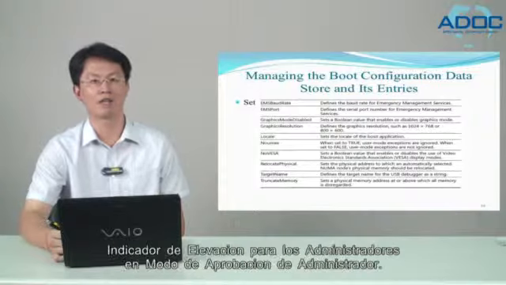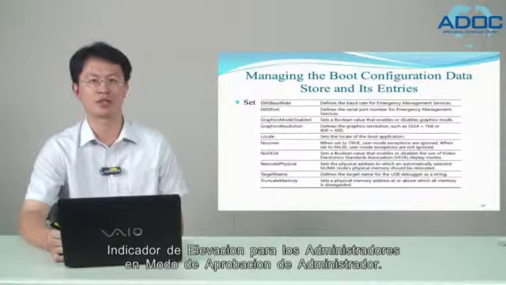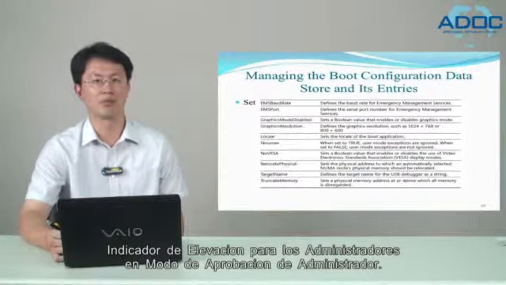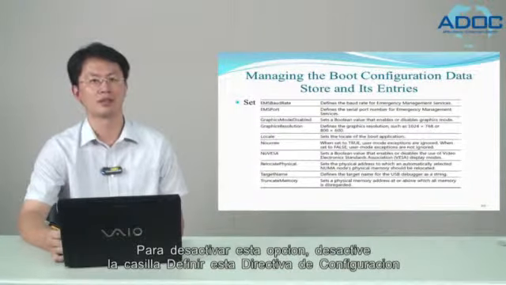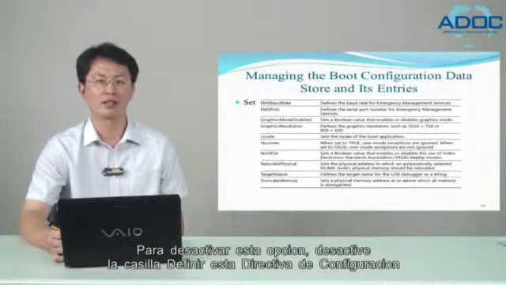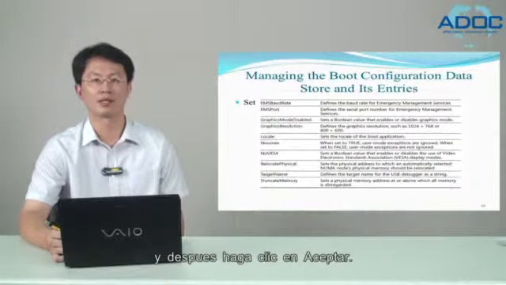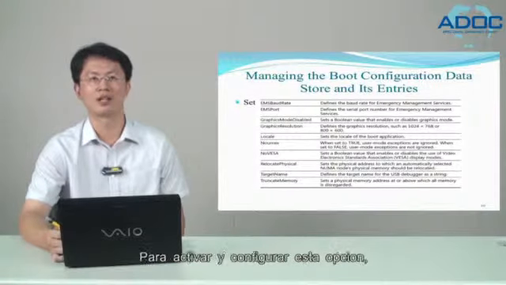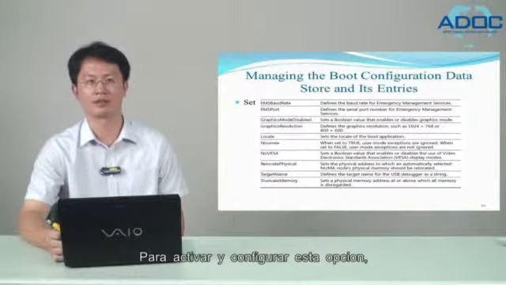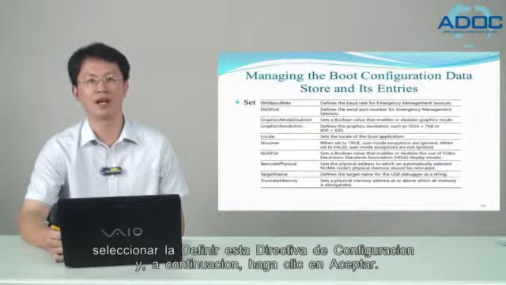Behavior of the elevation prompt for administrators in Admin Approval Mode. To turn off these settings, clear the Define this policy setting checkbox, and then click OK. To turn on and configure these settings, select the Define this policy setting checkbox, make a prompt selection, and then click OK.